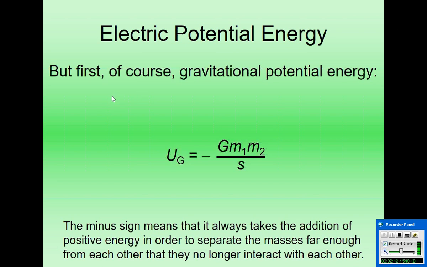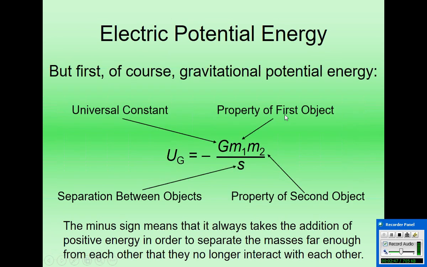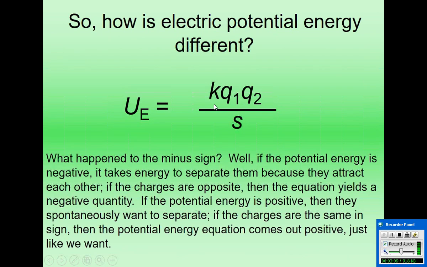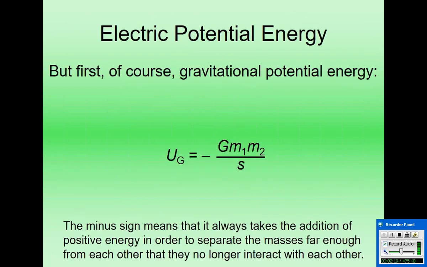The formula for electric potential energy is somewhat parallel to this: we have a universal constant times the property of the first object, times the property of the second object, divided by the separation between the objects. Of course, what these actual values are for electricity is you have k for the constant, the electrostatic constant of the universe, the charge of the first object, the charge of the second object, but the separation is still the same idea.